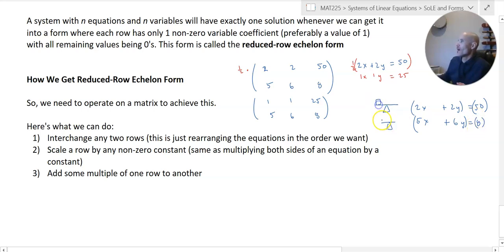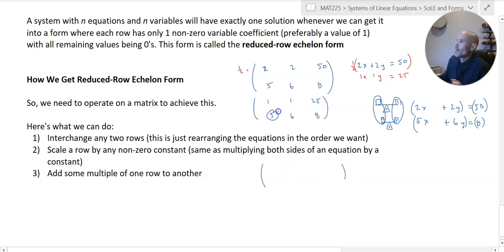Then if I add together these 2 weights and I add together these 2 weights, where this is our equal sign, well, then the 2 sides are still balanced, right? Furthermore, if I scale an equation, that's valid, it still keeps the balance. If I double the weight on both sides, or halve the weight of both sides of this equation, then I can still add it to the second equation as long as I haven't messed up the balance on the first equation. We'll learn how to execute this strategy.